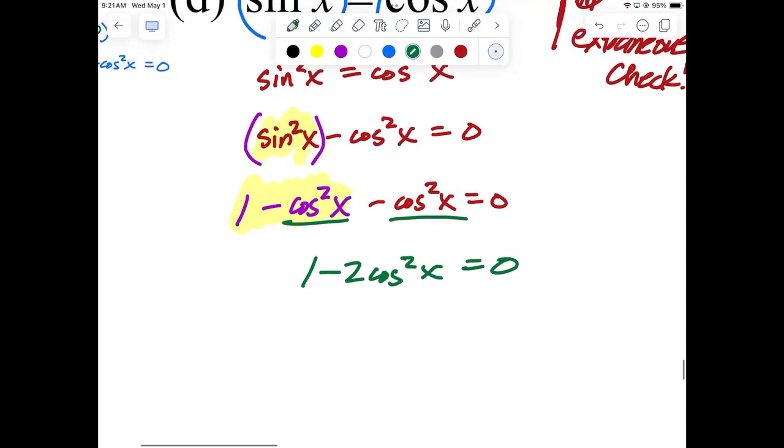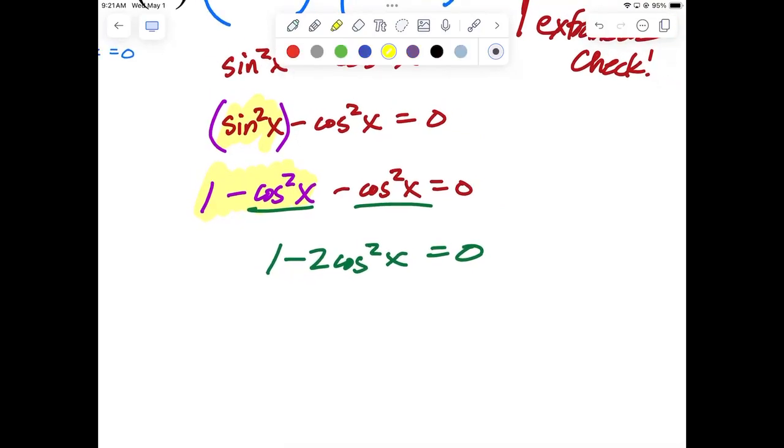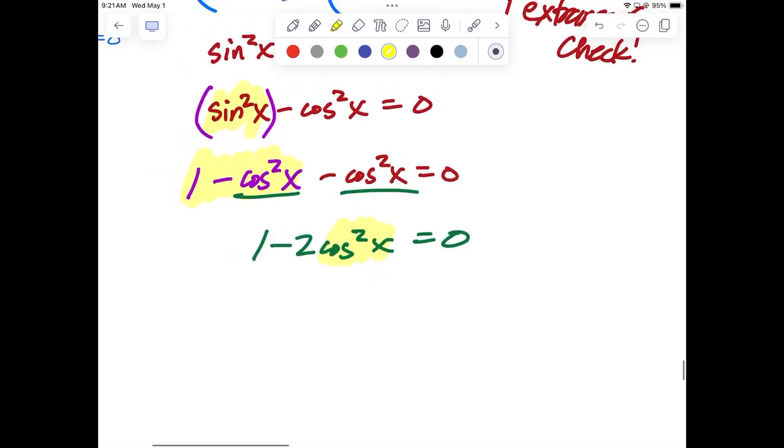Okay, now I reassess, right? Now it's equal to 0, but guess what? I've got it down to a single trig function. So what do I do when I get it down to a single trig function? I solve for that single trig function. So I get 1 equals 2 cosine squared of x. I'll divide through by 2, and I get 1/2.